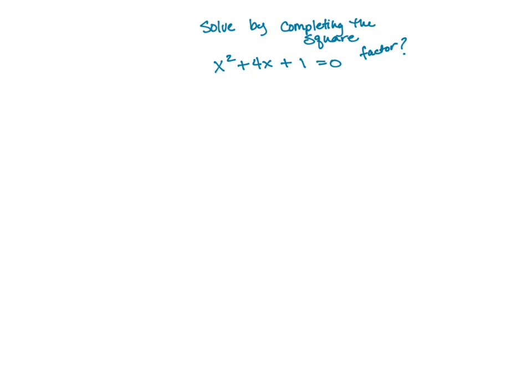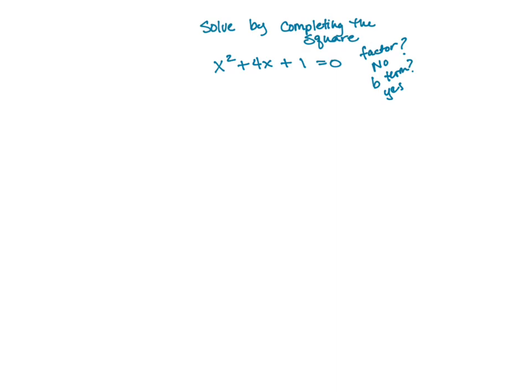Are there factors of 1 that make 4? No. So factoring is not an option here. The second thing I want to see is, is there a b term? Because if there's not a b term, I'm about to isolate that x squared piece and go with what we just did. Do you see a b term? Yes. So now we have fewer options, okay? Enter this idea of completing the square.